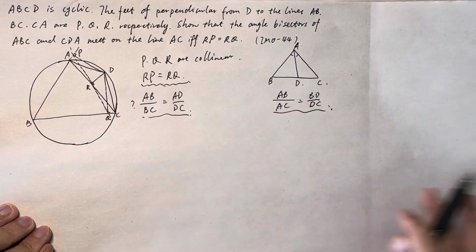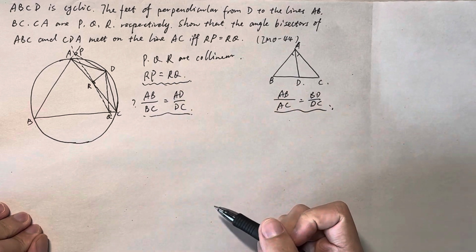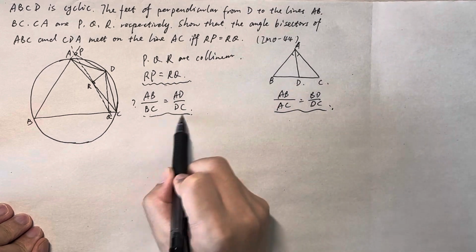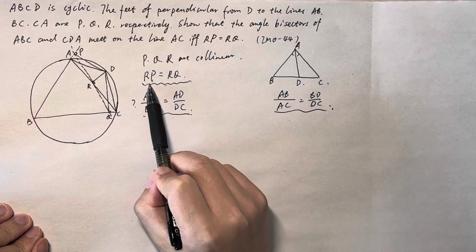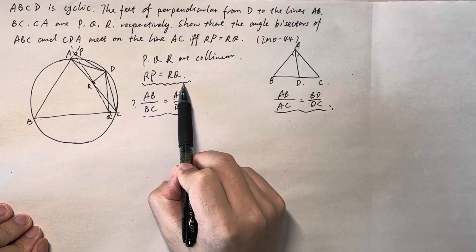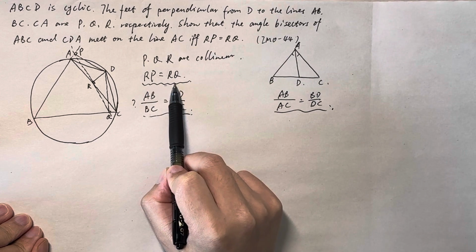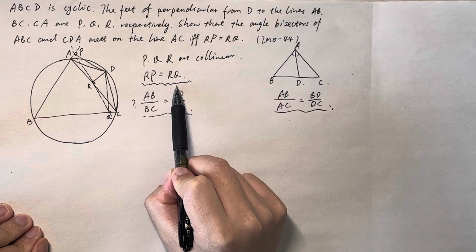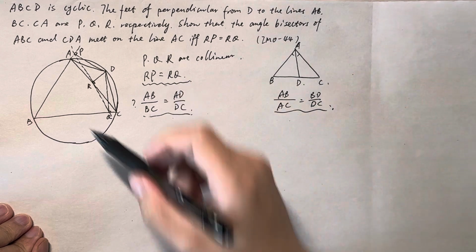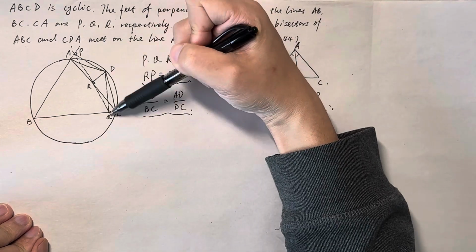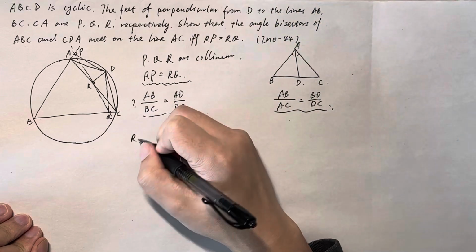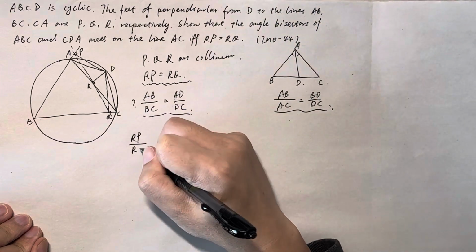So what can we find from RP equals RQ? We want to find some ratio, so we need to take advantage of RP equals RQ. Let's take RP divided by RQ.